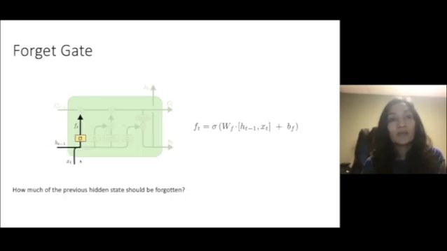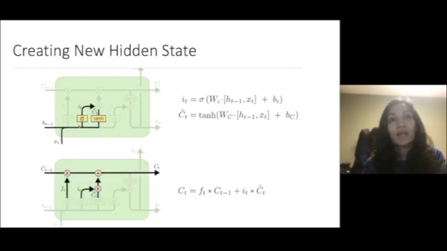In particular, LSTMs have a forget gate that says how much information from the previous hidden state should be forgotten, and they create a new hidden state by looking at the current layer of the neural network and the computations performed there that take into account the previous state and the current input, and the forget gate.